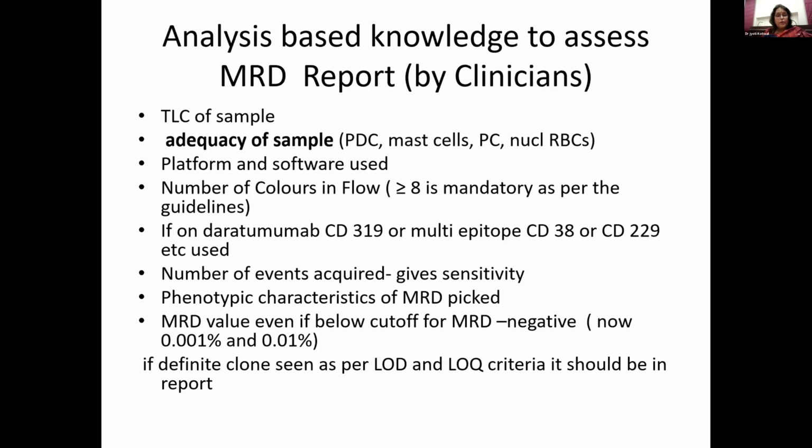Number of events acquired should be there, which will tell the sensitivity of the test, and MRD should not be reported as less than 0.01 negative. It should be reported as the value, because today 0.001% becomes negative. And the LOD and LOQ should be clearly mentioned, because it will change with the number of cells acquired. Next slide.